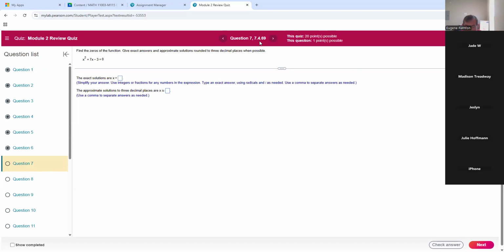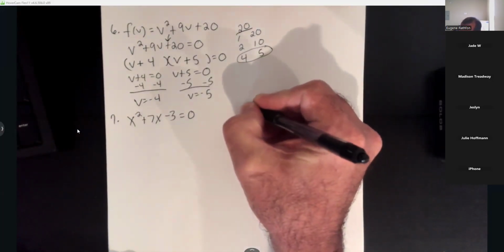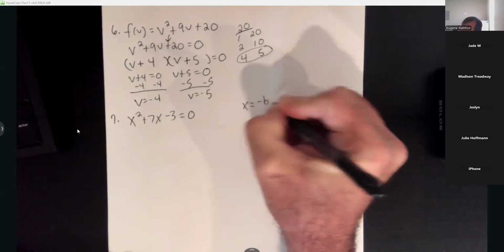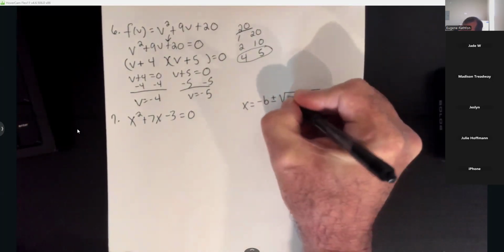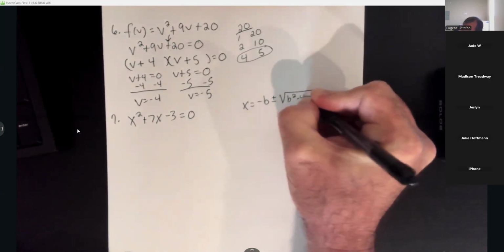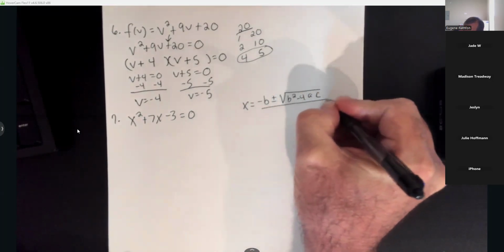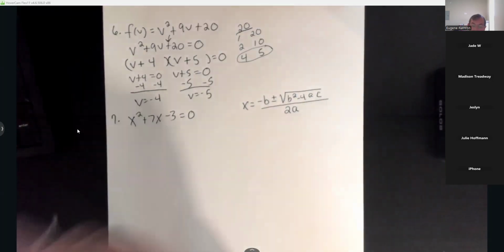All right, so I'm going to start out getting my exact solutions by using the quadratic formula. And y'all remember the quadratic formula was x equals -b plus or minus square root b squared minus 4 times a times c all over 2 times a.